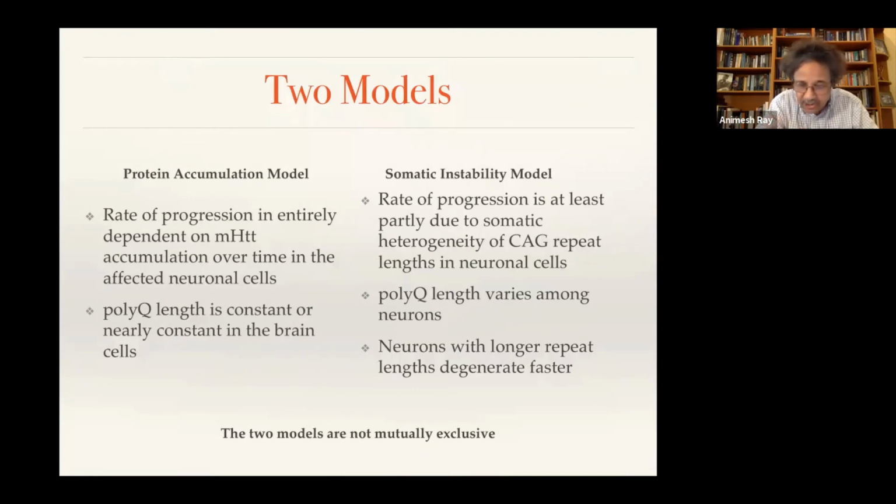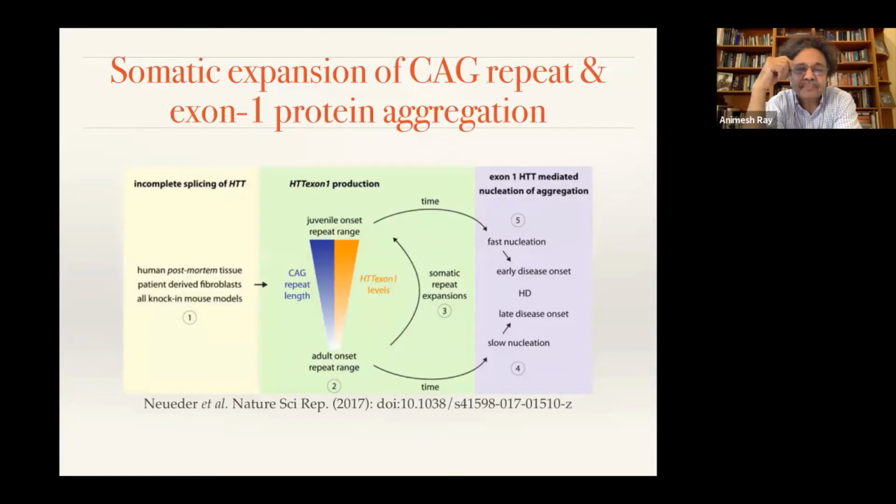Some are very early, some are much delayed. Of course, one can argue that this is because of the environment, and that is the complicating factor, because people have not looked yet, because these are rare enough, at the somatic clones very carefully, the size of the DNA sequence of the somatic clones.